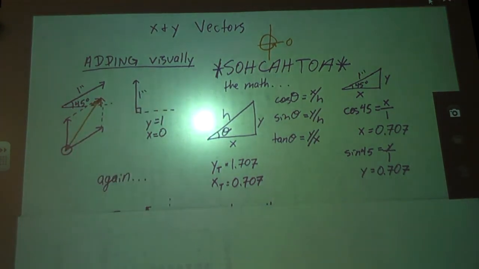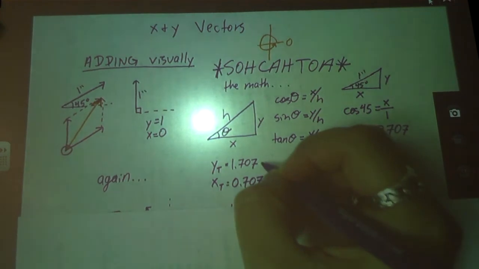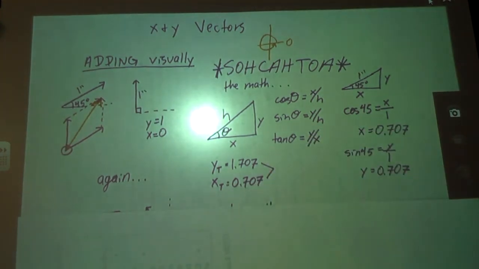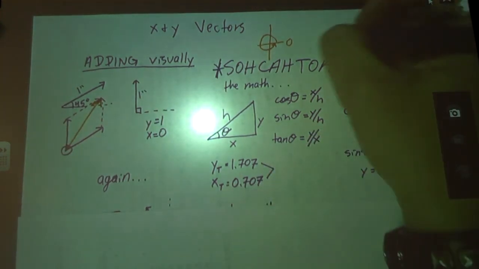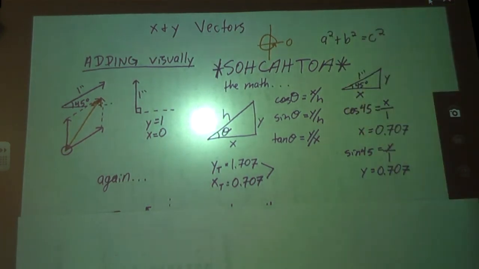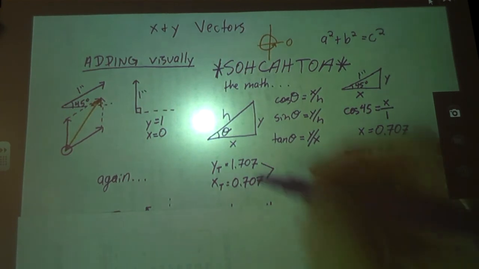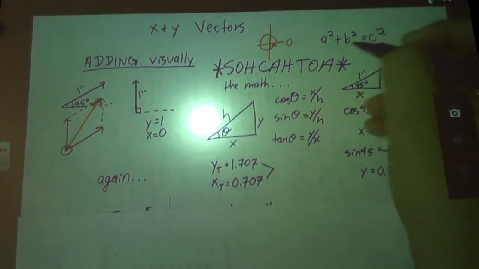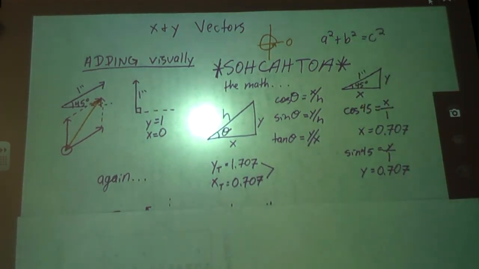Now I can finally combine them. To put these two together into my resultant, I'm going to use an old friend that I'm sure all of you are well familiar with by now, or at least I hope so, and that's our Pythagorean theorem. So I'm going to sub in my y and my x values.